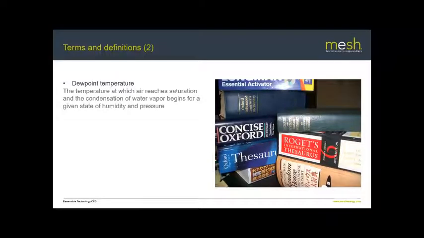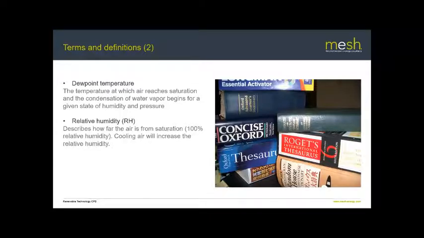The dew point temperature is the temperature at which air reaches saturation. That means that it reaches 100% relative humidity, and condensation will begin to form at a given humidity and pressure. The relative humidity describes how far the air is from saturation. 100% relative humidity would mean that it's at saturation point.